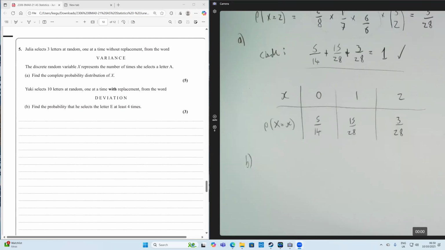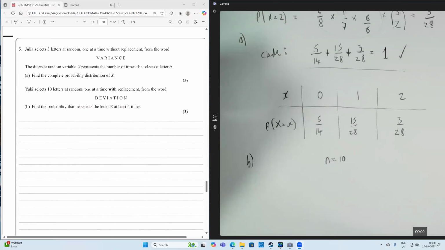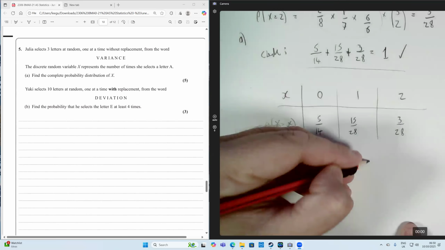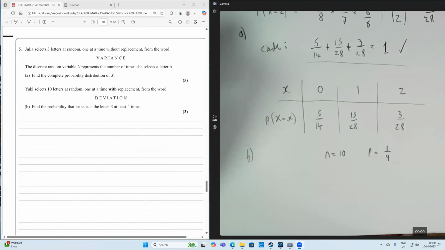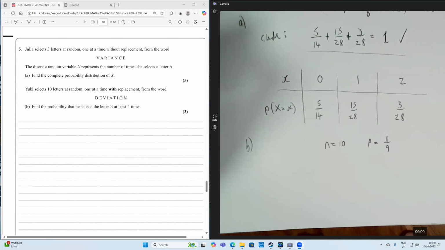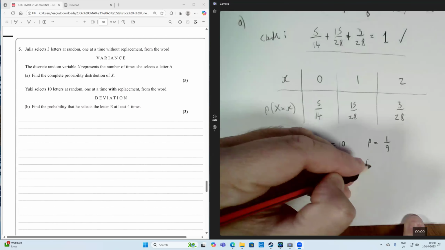Well, we've got a fixed number of trials because Yuki selects 10 letters, so we could write down n equals 10. And the fact that it's with replacement means that the probability stays the same all the time. The probability of selecting the letter E is 1/9. This is an AS paper anyway, so really we've only got one choice: it's going to be a binomial distribution.